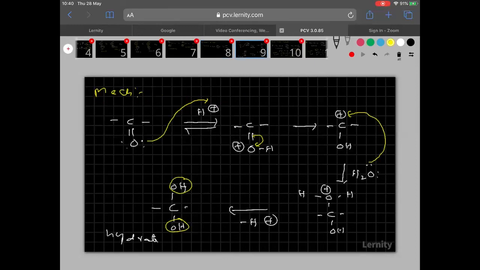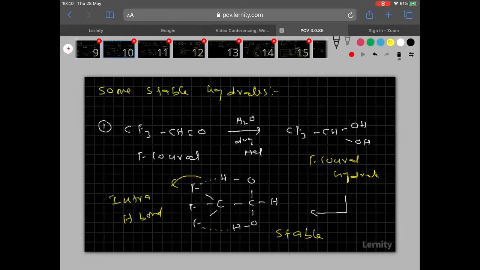Here, ninth slide, this one. Then this is the 10th slide. Stable hydrates.